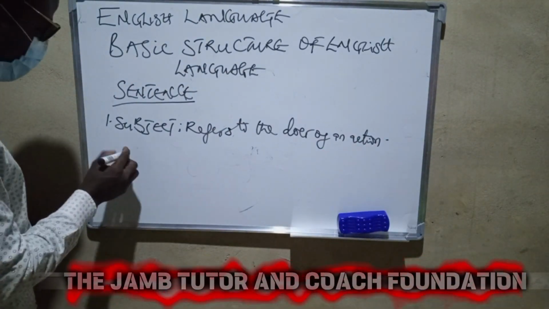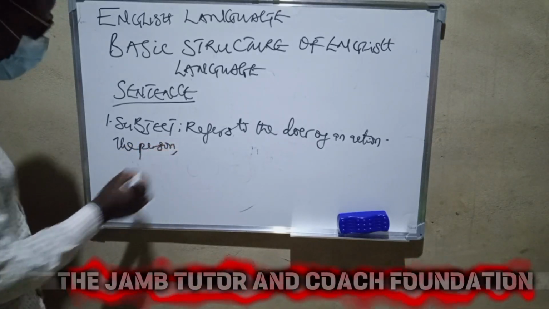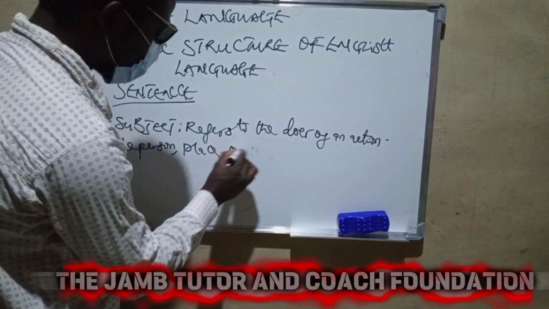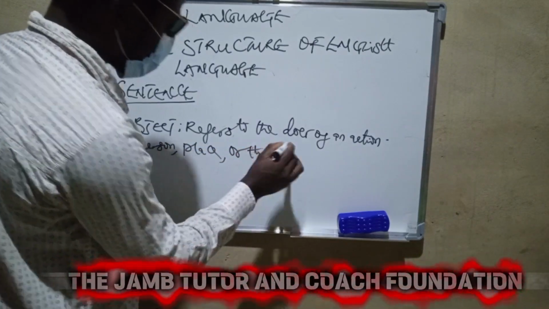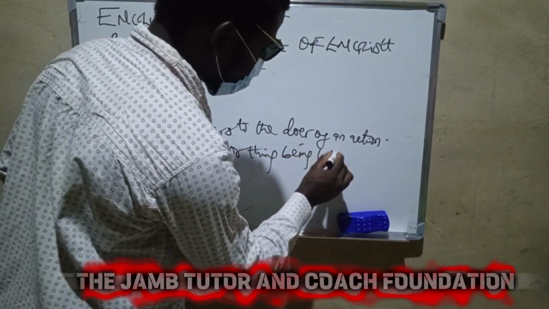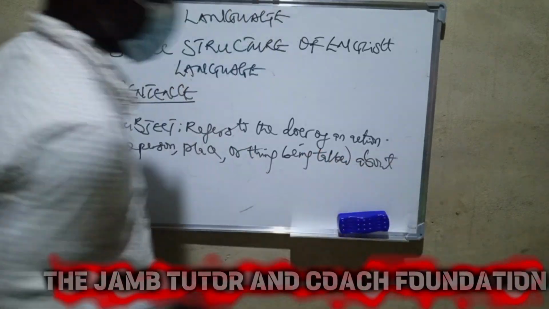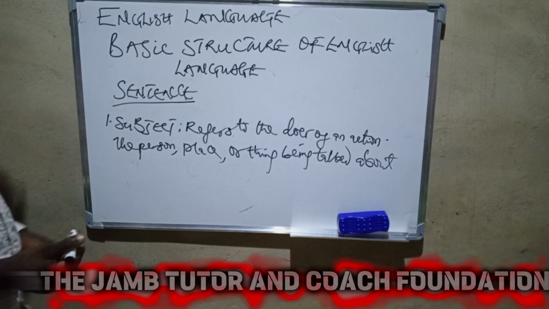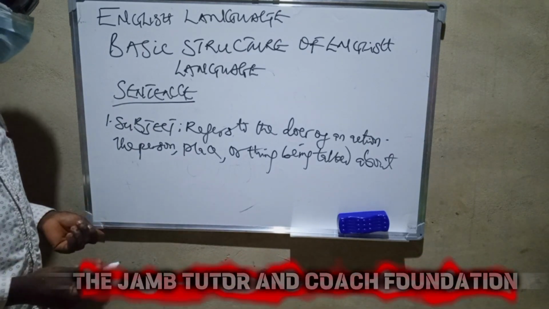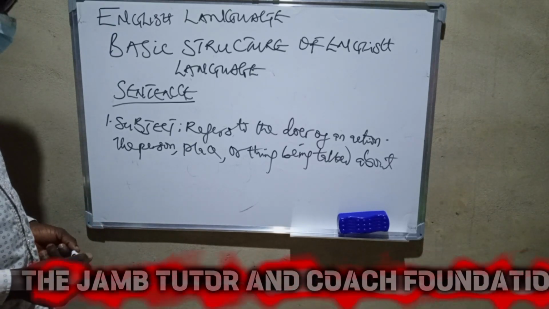It could also be the person, place, or thing being talked about. Okay, so the subject, it's the performer, the doer of an action. It could be a person, a place, or a thing that is being talked about.